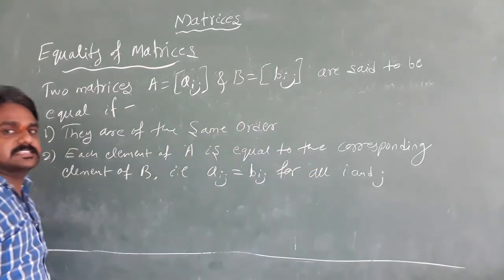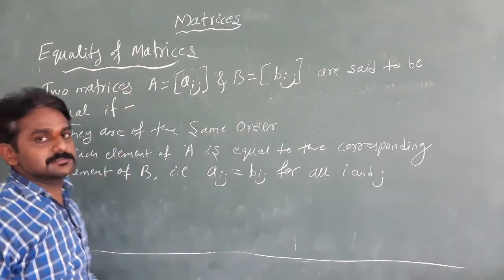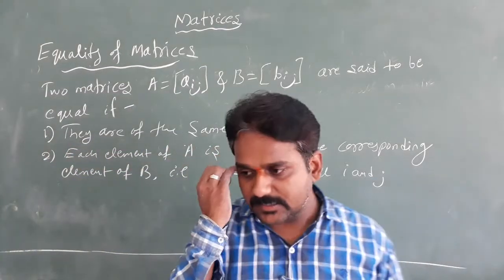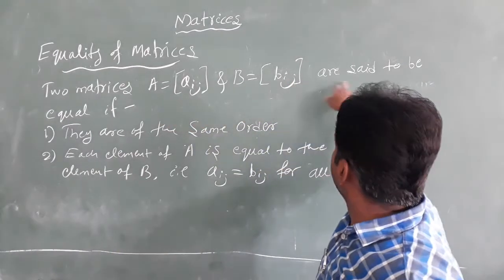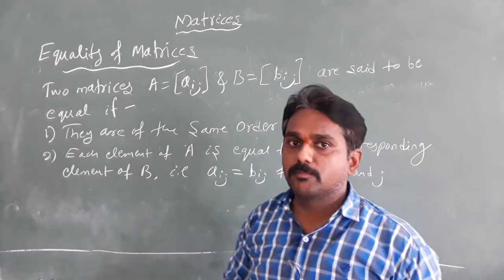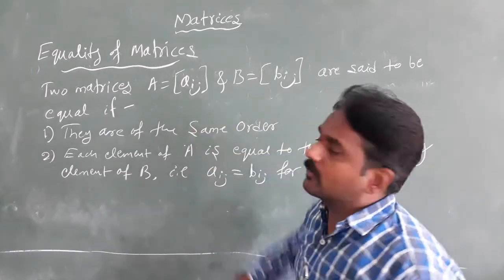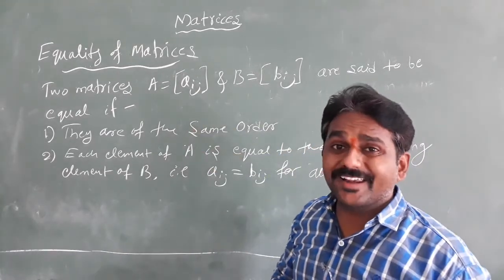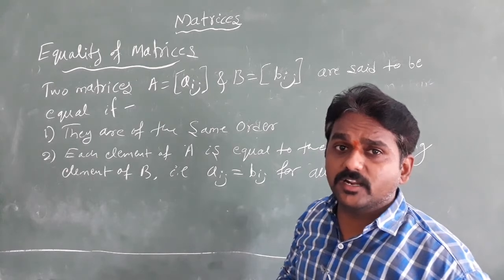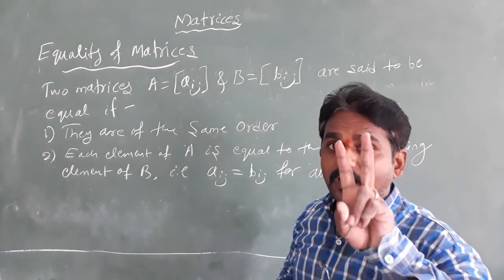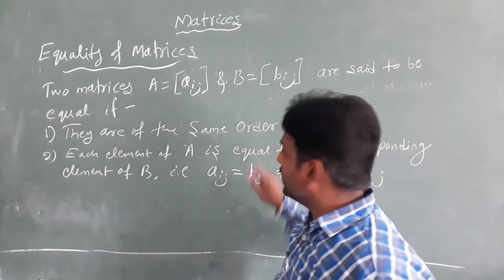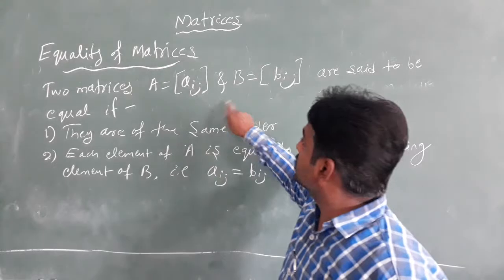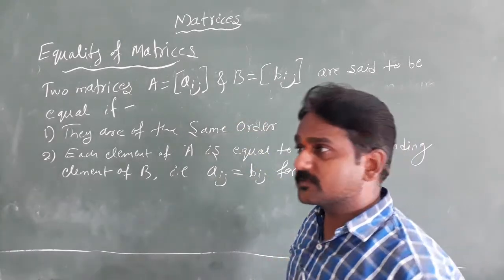Observe the definition, students. If they give two matrices A equal to Aij and B equal to Bij, I am going to say A and B are equal. On what criteria am I going to say those are equal? There are two compulsory conditions, both must be followed by both the matrices. What is the first basic condition?